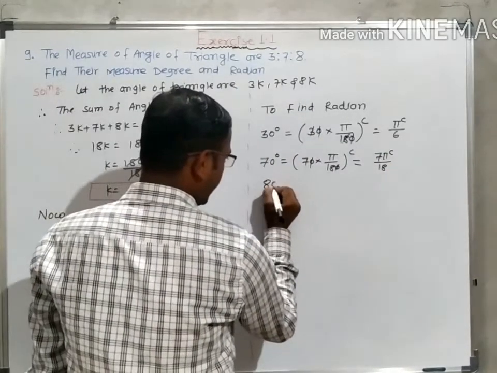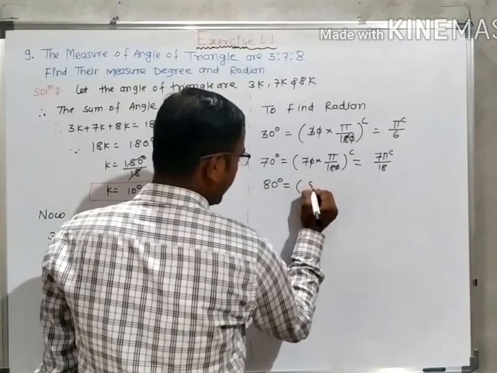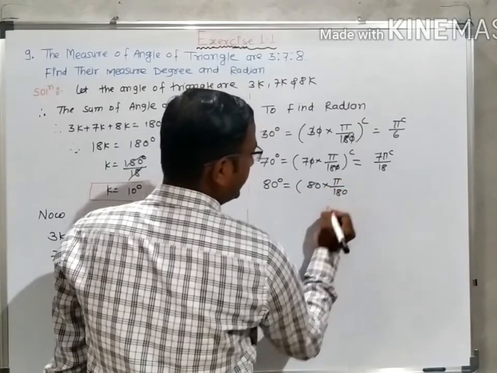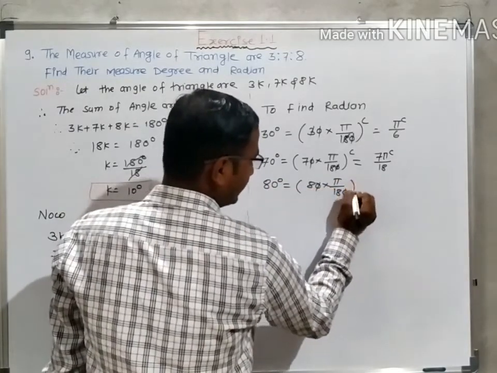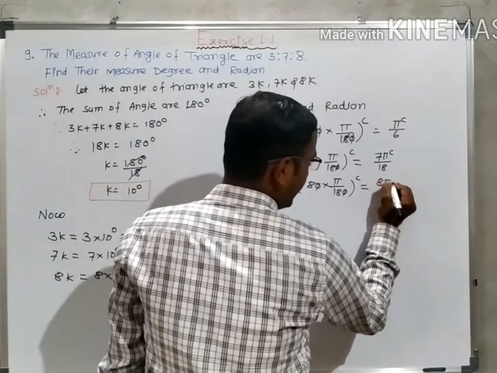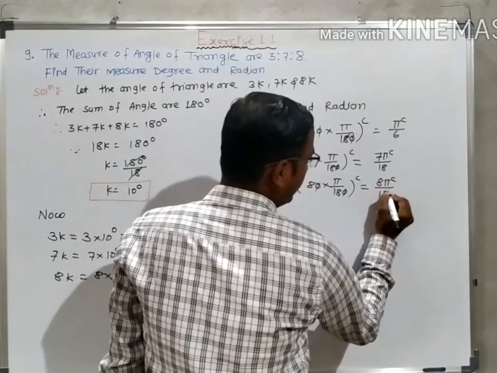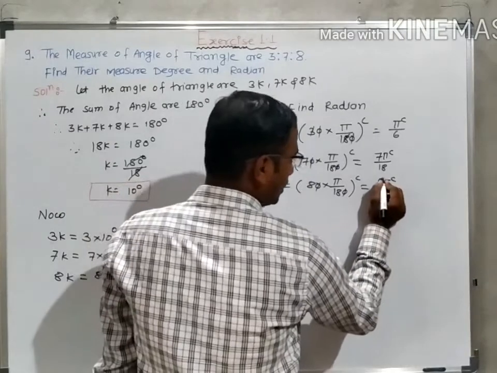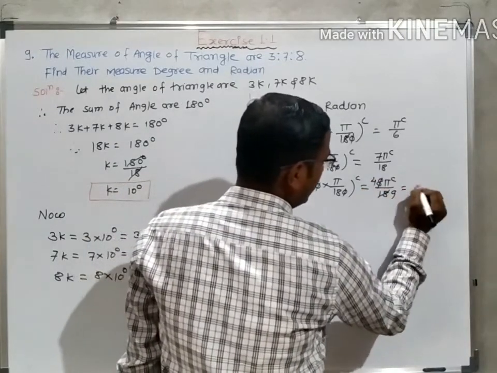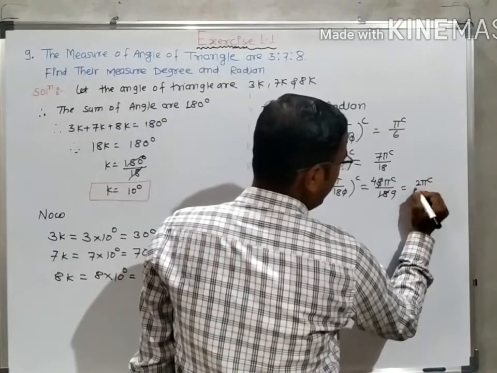So 80 degree is equal to 80 into pi upon 180 degree. So the 0 gets cancelled. So 8 pi radian upon 18. So 2 4s are 8 and 2 9s are 18. So this is 2 pi radian upon 9.